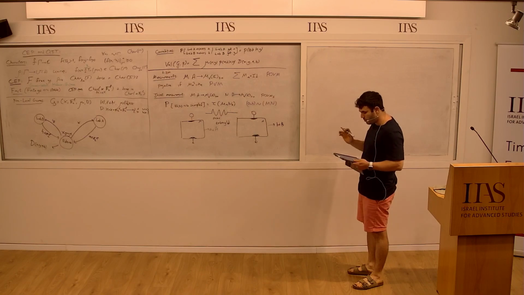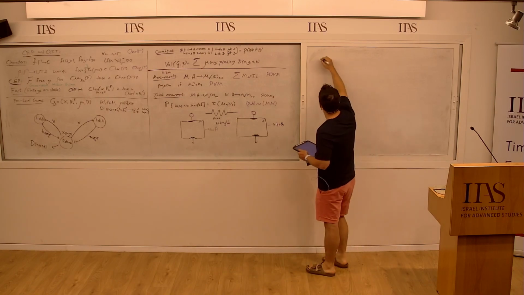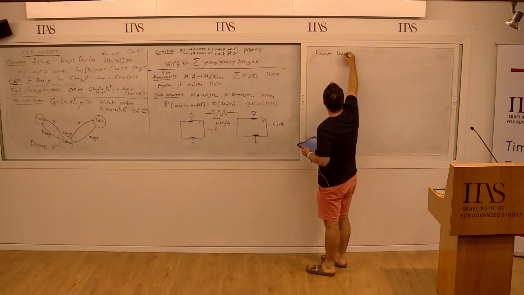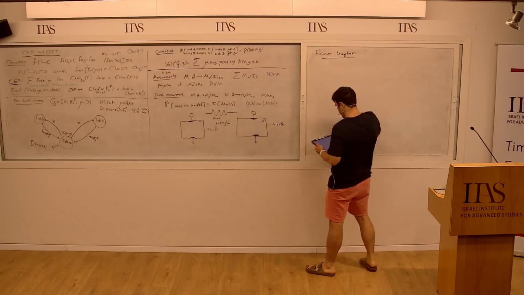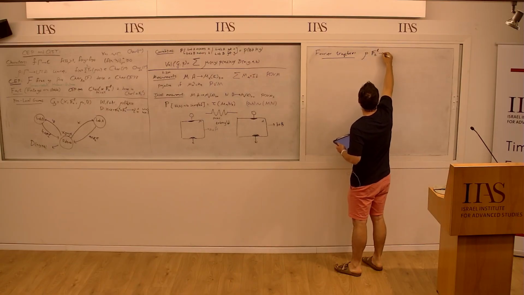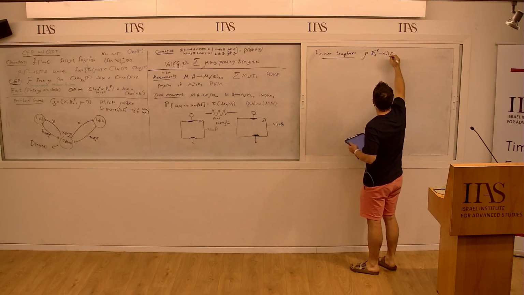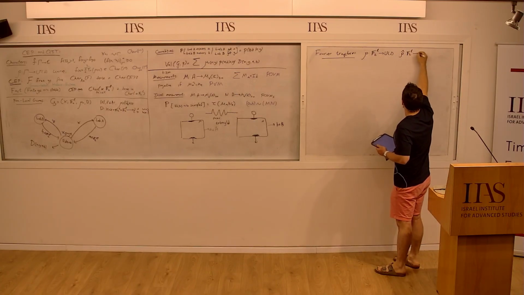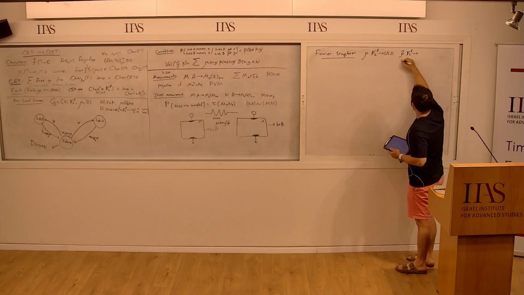Okay, but I want to stop for a moment and talk about Fourier transforms. So yesterday we saw that if you have a unitary representation of F2^L, you can define the Fourier transform. And the nice thing is that this Fourier transform is a PVM.